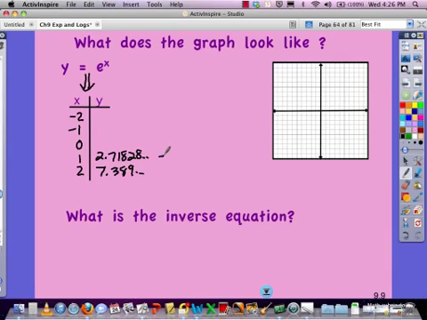Anything to 0, e to the 0 power would be a 1. e to the negative 1. Now, yes, that would be 1 over our 2.718-ish, but we better do 1 divided by second answer. And that's going to give us about a 0.36787, and again, fills the screen. And so now all we have left is 1 divided by, we want our e to the negative second.